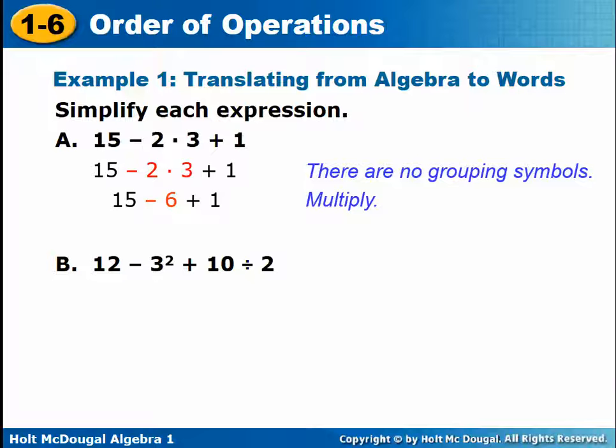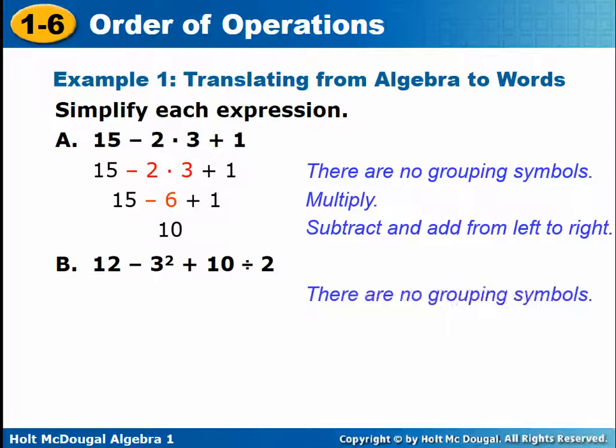So now we have 15 minus 6 plus 1. Now all that's left is adding and subtracting in order from left to right. So 15 minus 6 is 9, and then 9 plus 1 is 10.